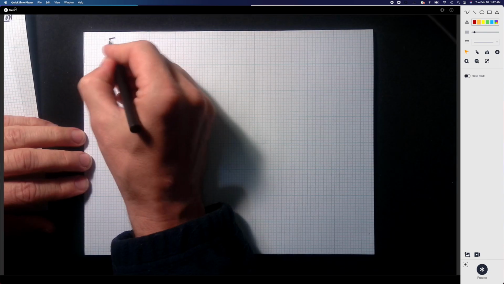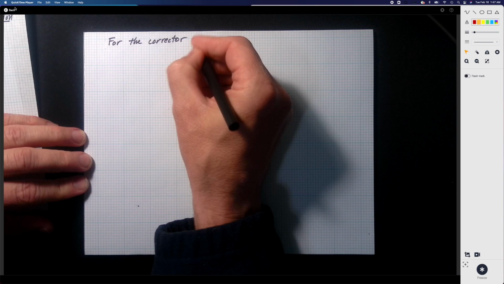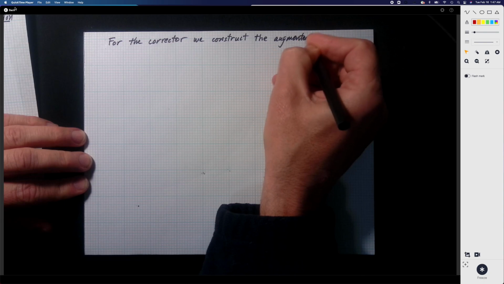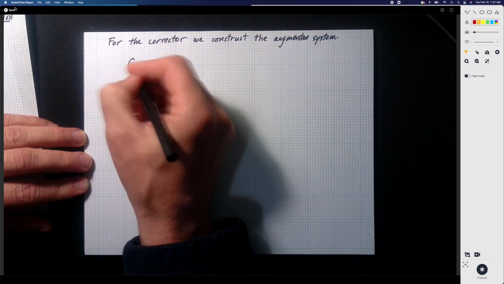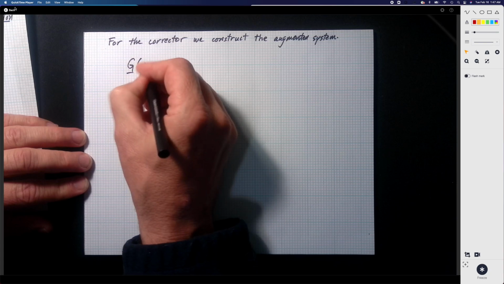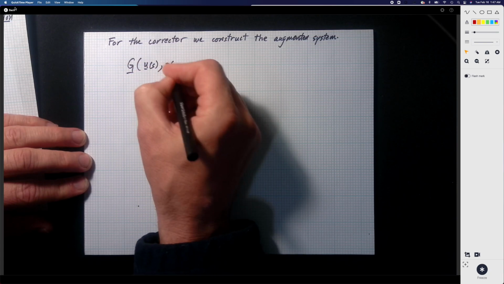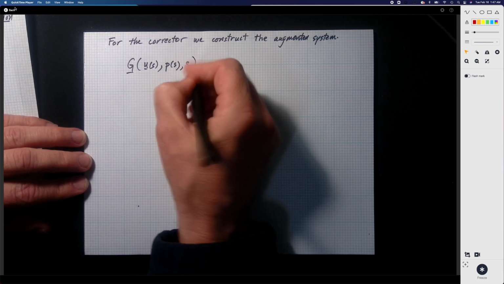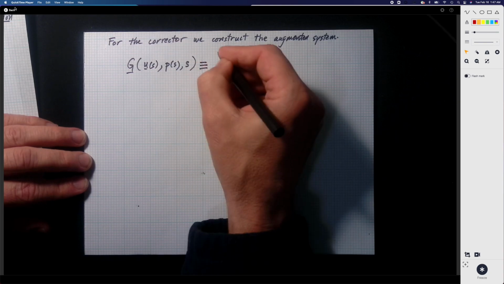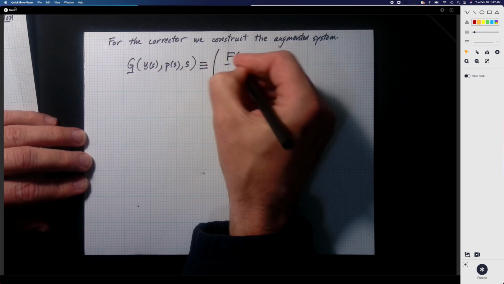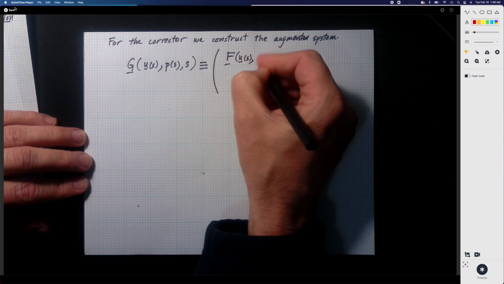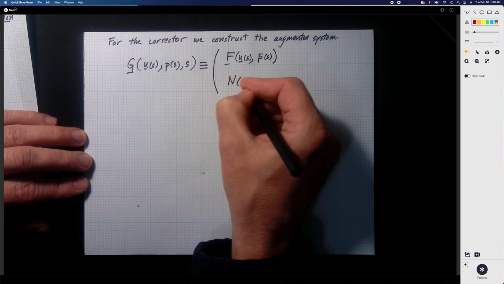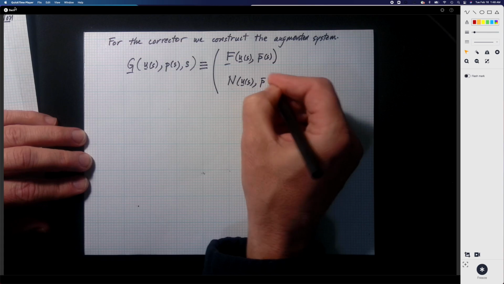So for the corrector, we construct G of u of s and p of s, which is going to be defined as f of u of s, that's our original system, plus n of u of s, p bar of s.